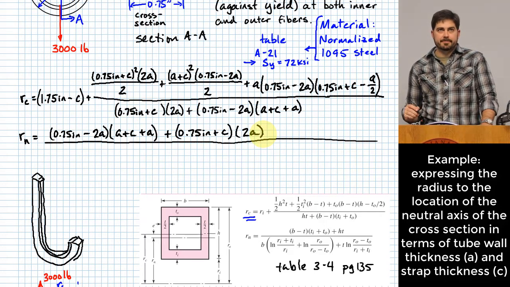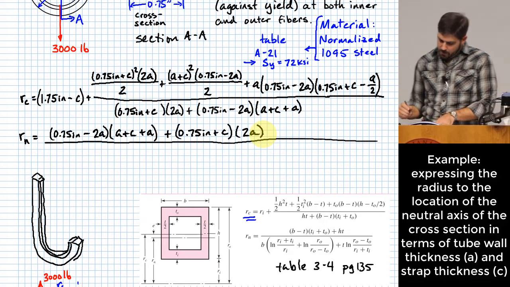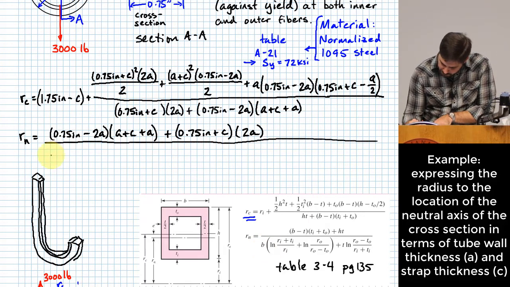And now the denominator. B is 0.75 inches.